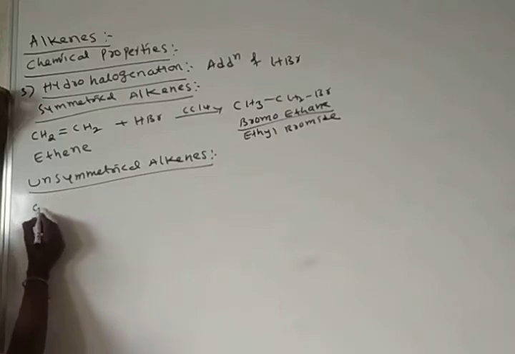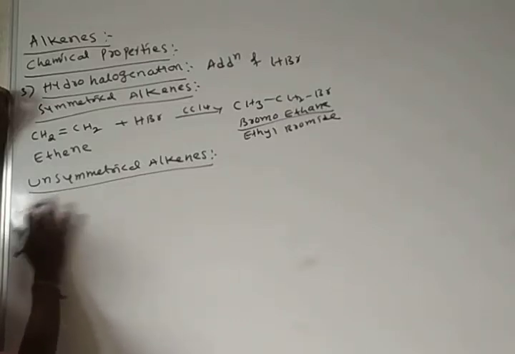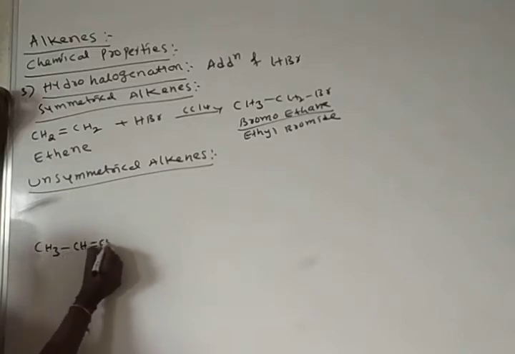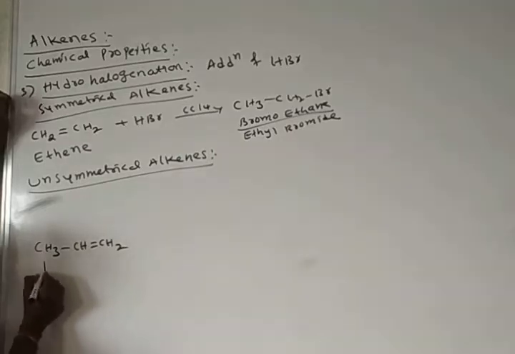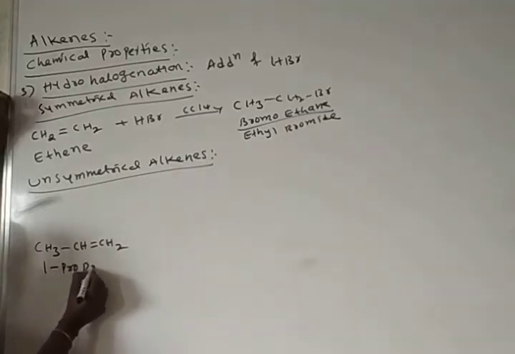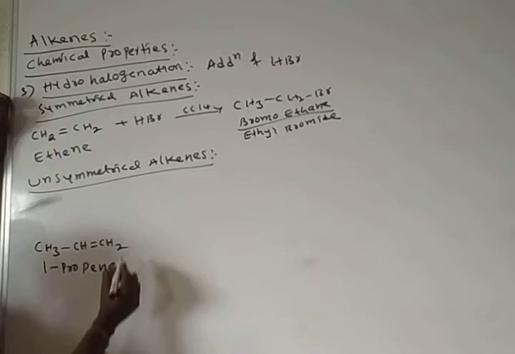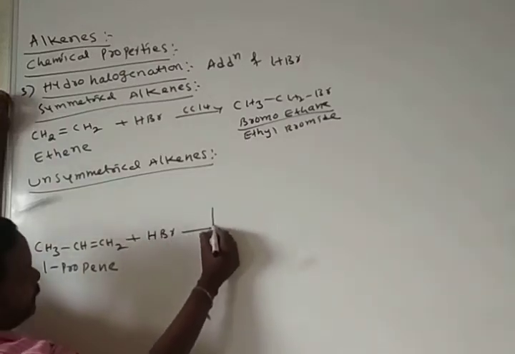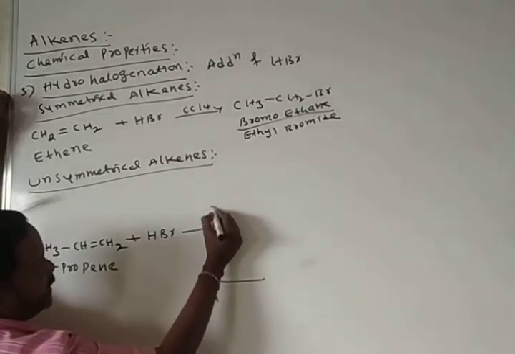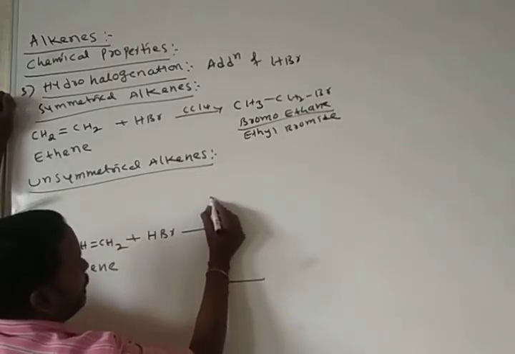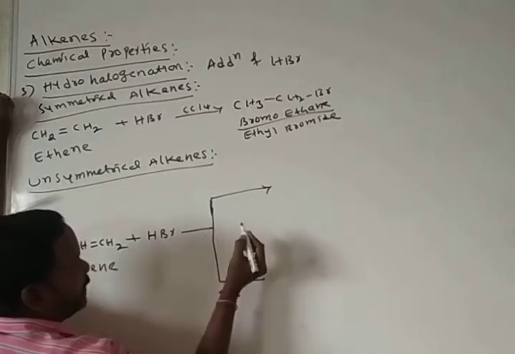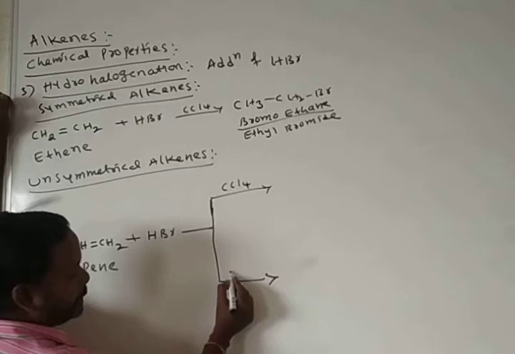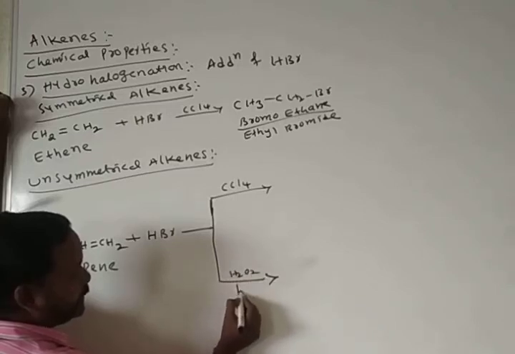Here I am taking one simple molecule, propene, CH3-CH=CH2. Propene undergoes addition with HBr, in the presence of carbon tetrachloride, or in the presence of hydrogen peroxide and sunlight.